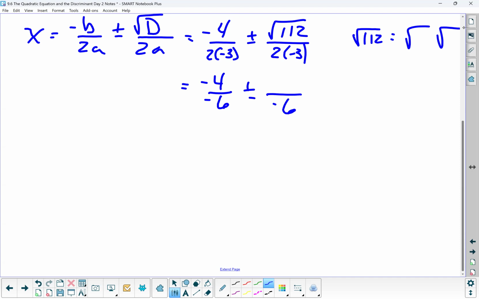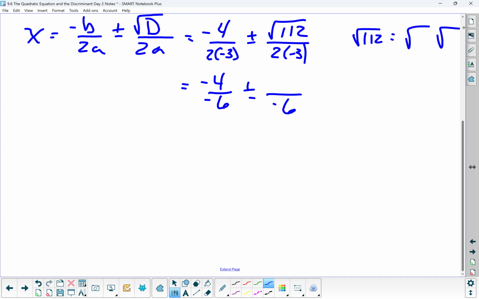So check the largest perfect square less than 112, which is 100. 100 does not divide evenly into 112. So then I check 81. 81 does not divide evenly into 112. Then I would check 64. 64 does not divide evenly into 112.